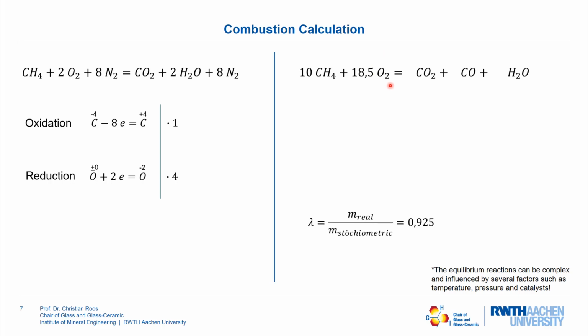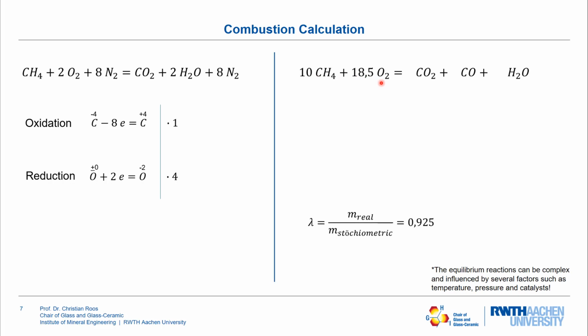If it were a stoichiometric combustion, for 1 molecule of methane, you would need 2 molecules of oxygen, or for 10 molecules of methane, you would need 20 molecules of oxygen. And again, because we have an under-stoichiometric combustion with an air number of 0.925, we end up with, instead of 20 molecules of oxygen for 10 molecules of methane, 18.5 molecules of oxygen.